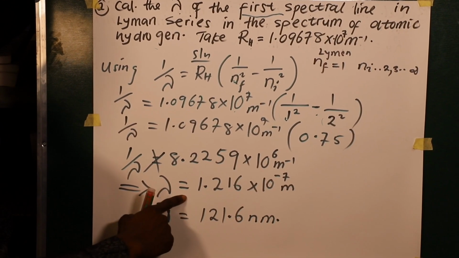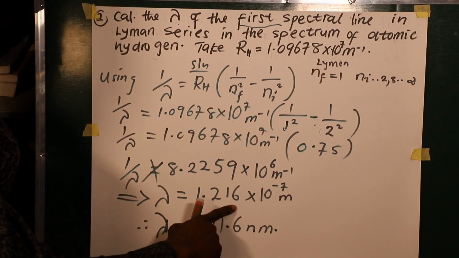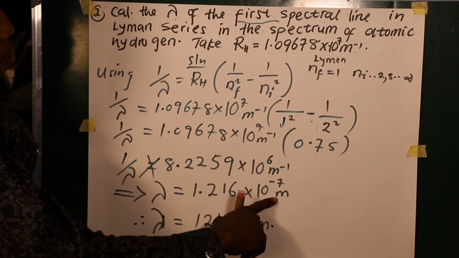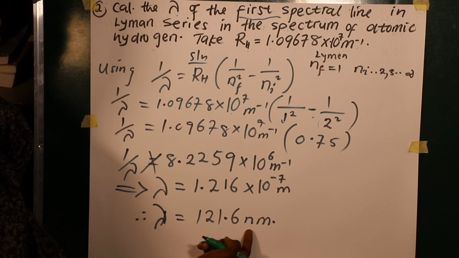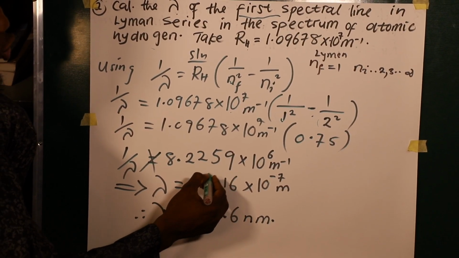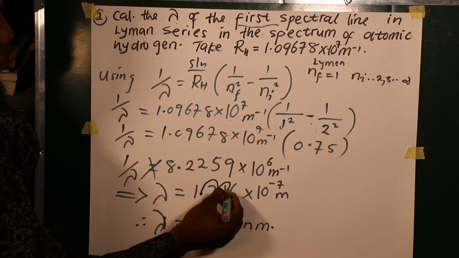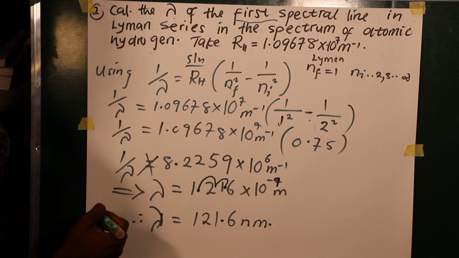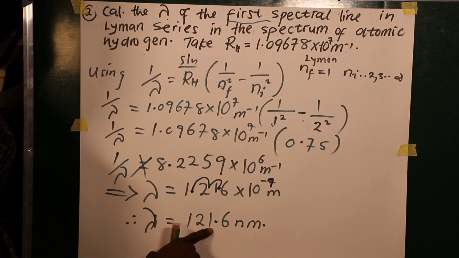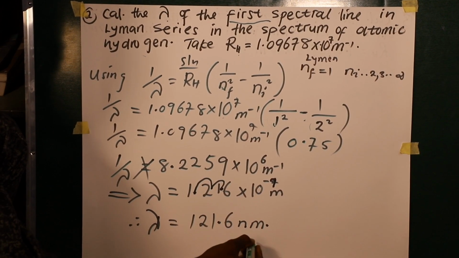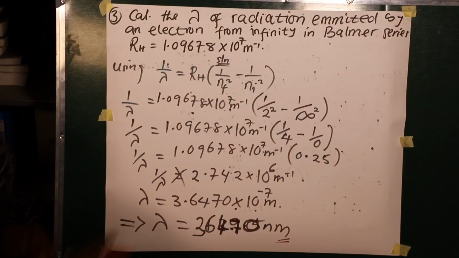By cross multiplying, wavelength is equal to 1.216 times 10 to the power of minus 7 meter. We always need our answer to be in nanometer, so we convert meter to nanometer by moving the decimal point 2 places to the right. The 7 will be minus 9. Therefore, we obtain wavelength equal to 121.6 nanometer.